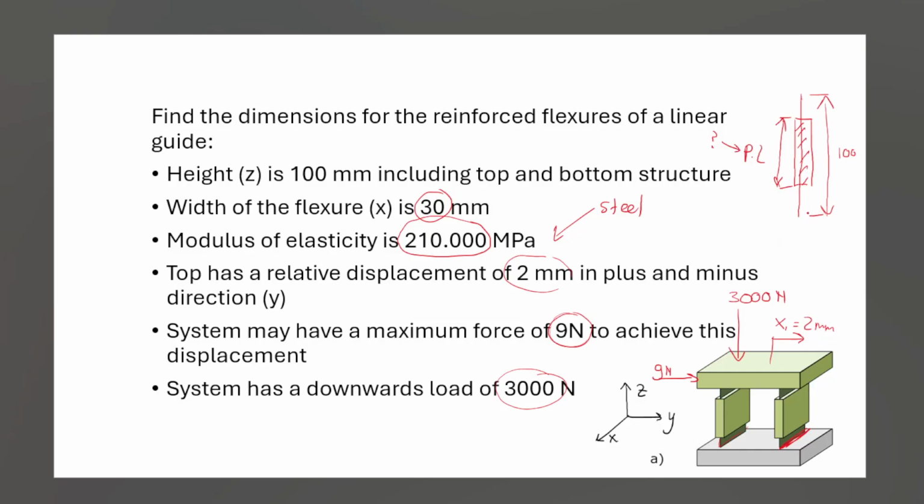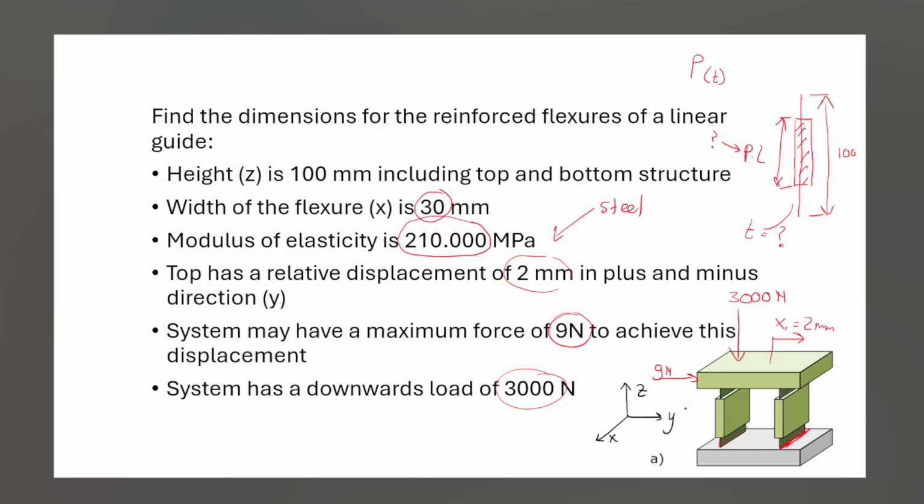Also, the thickness T of the flexure is unknown. So these are the two values that we can play around with. We'd like to find a formula where we can describe P as a function of T, or sometimes it is H. So P as a function of T, that's what we want.